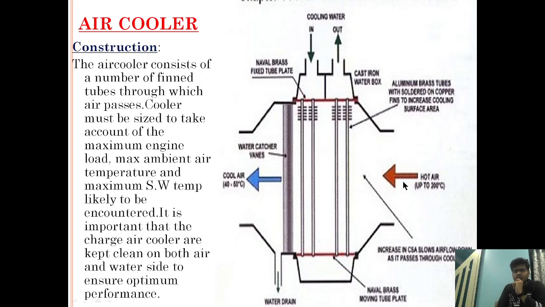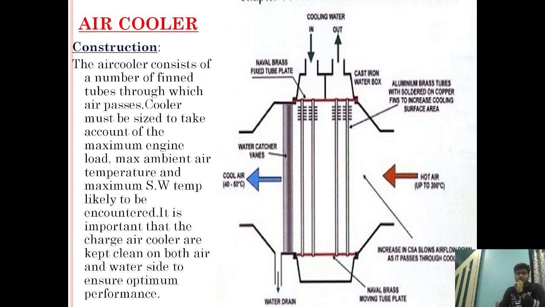When it is cooled, the water vapor condenses, and to prevent this condensed water from going to the scavenge manifold, this water mist catcher is provided, which will catch the water and drain it to the scavenge drain tank, or you can say to the oily bilge tank or bilge tank. It depends where you want to drain it out. Normally, in most cases, it is drained to the bilge holding tank.